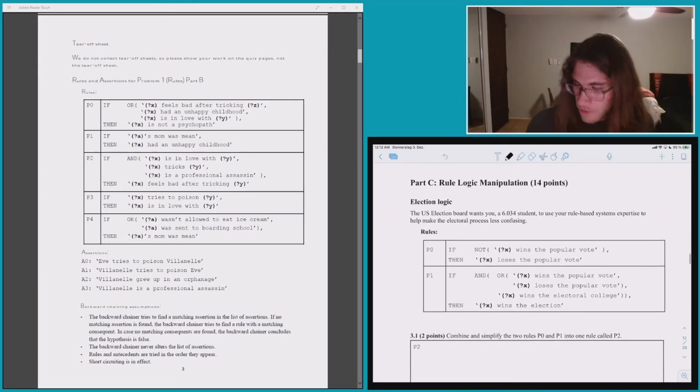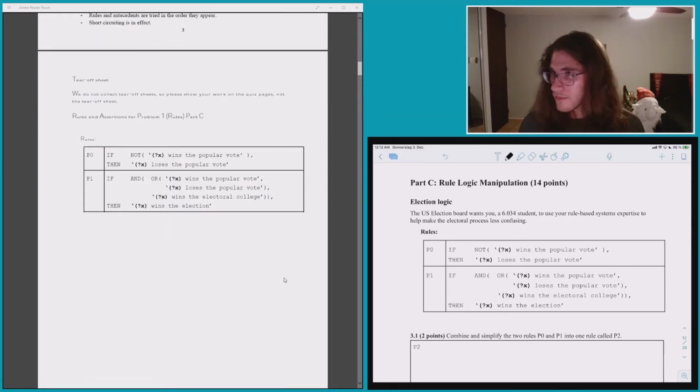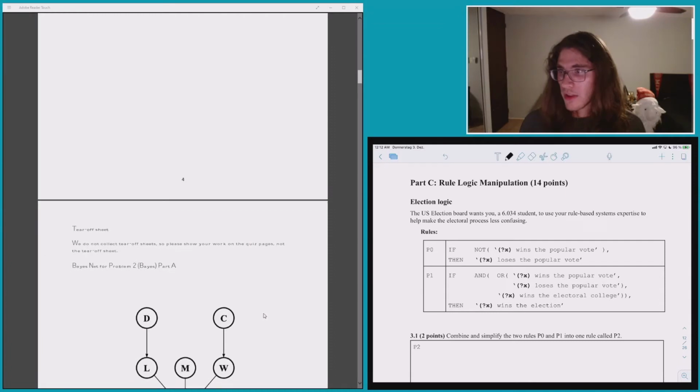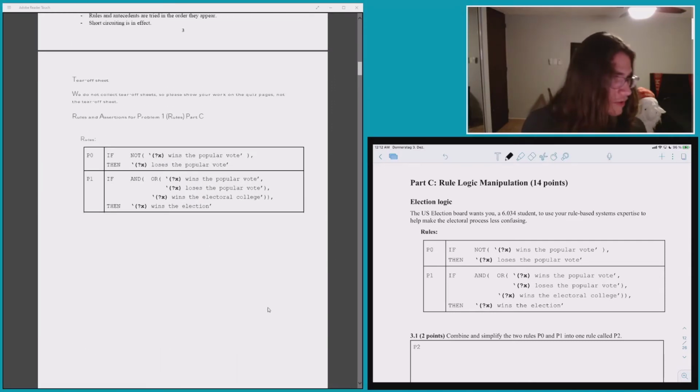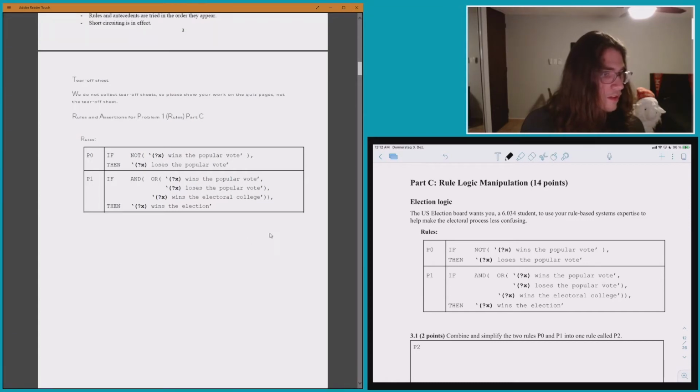So now we'll have some rule logic manipulation exercises. Again, feel free to pause here and read it at your own leisure. I'll update the side panel so that we have this on hand. Let me zoom in a little bit.